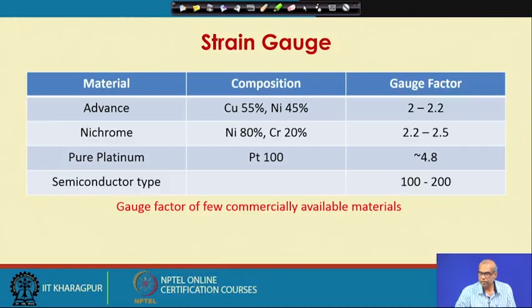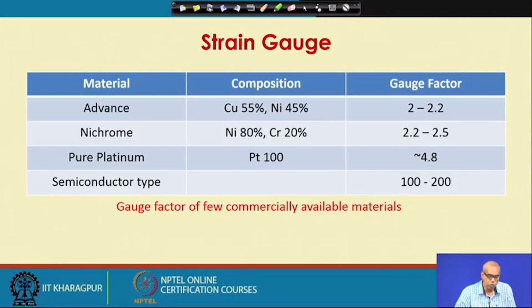Typically, the gauge factor lies between 2 to 2.2. Nichrome, another alloy of nickel and chromium, nickel 80%, chromium 20%, again the gauge factor is 2.2 to 2.5. Pure platinum, the gauge factor is higher, around 4.8.